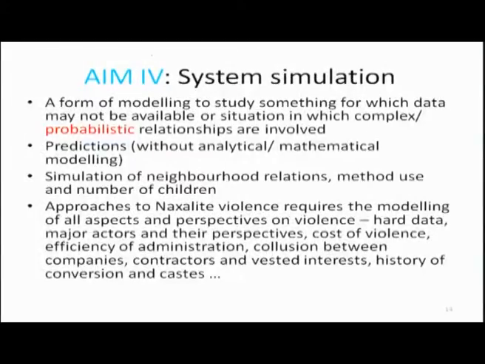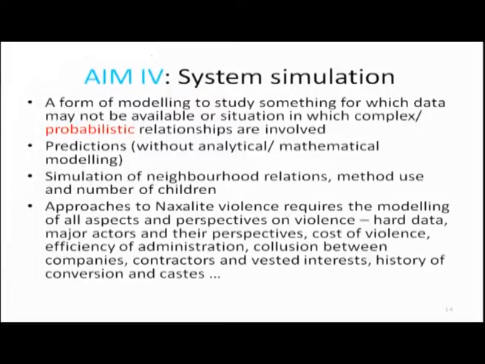And the fourth aim is system simulation. System simulation differs slightly from modeling in the sense in which I have used this term earlier. Modeling is largely mathematical and analytical, while system simulation may also involve probabilistic relationships, complex relationships, uncertainties, and complexities of various kinds.